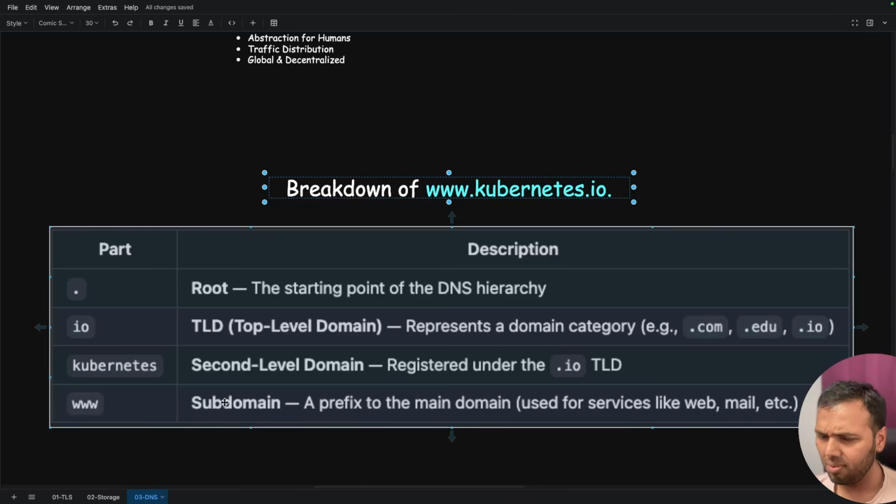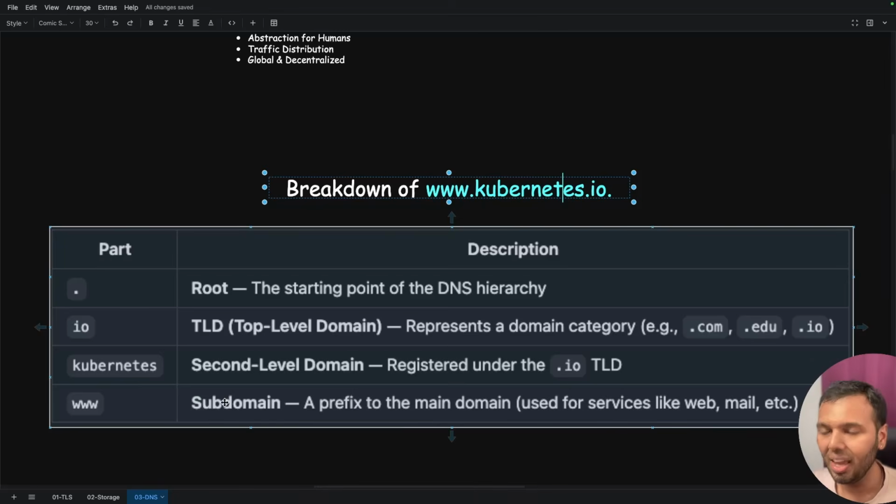But Varun, www is a subdomain, but why do I have to type www.kubernetes.io? Why can't I just type kubernetes.io? And straight away, you do not have to. www has a traditional significance, and let's see what that is. www is technically just a subdomain like docs.kubernetes.io or maps.google.com.